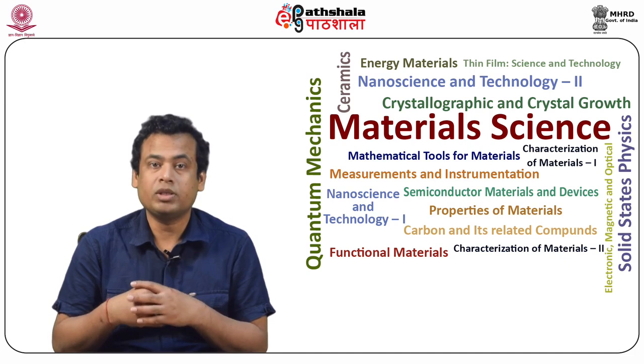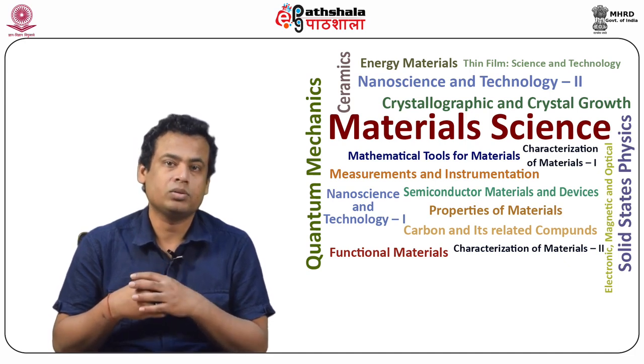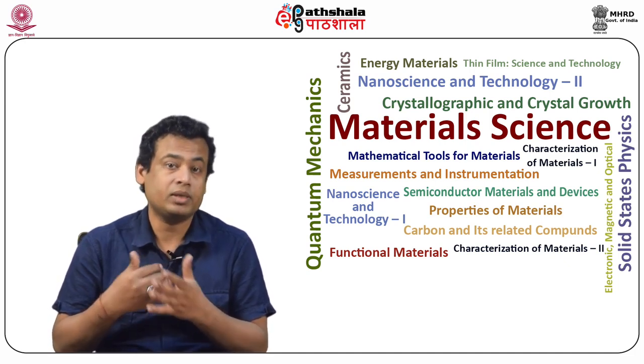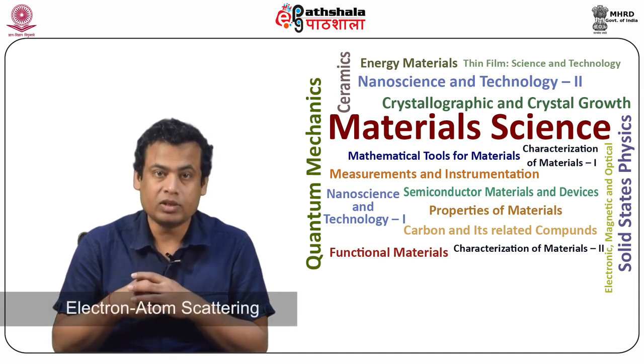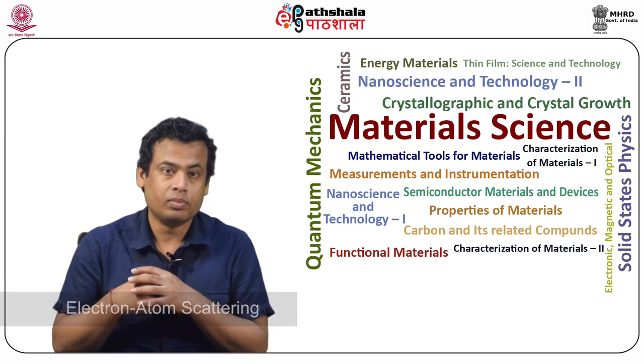Each type of possible interaction of electrons with a material of certain cross section depends on the number of electron-atom scattering events and the beam energy.